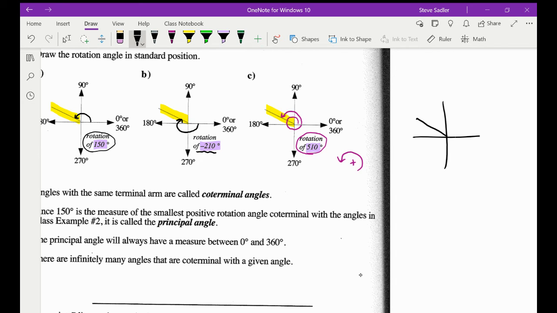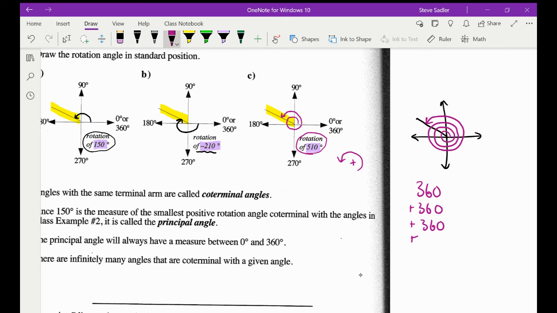So if that was your arm, and you really wanted to, you could measure this angle around and around and around and around. So every time you loop, it's 360. So there's 1, 2, 3 loops. So 360 plus 360 plus 360.